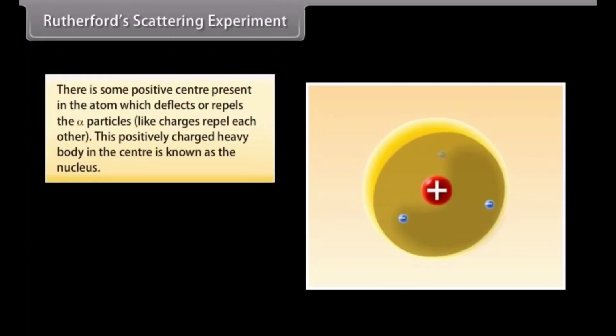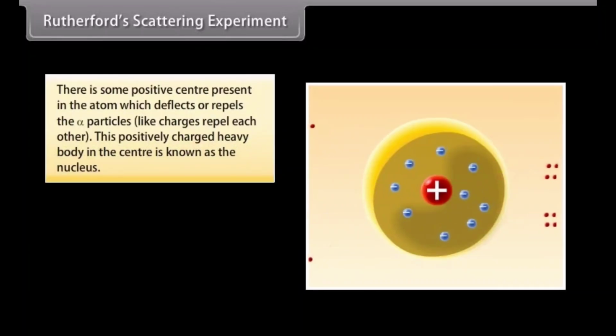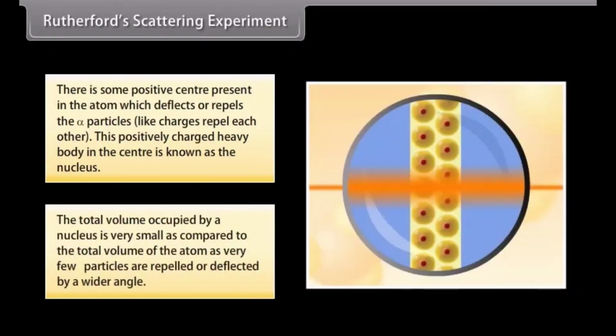There is some positive center present in the atom, which deflects or repels the particles, like charges repel each other. This positively charged heavy body in the center is known as the nucleus. 3. The total volume occupied by the nucleus is very small as compared to the total volume of the atom, as very few particles are repelled or deflected by a wider angle.